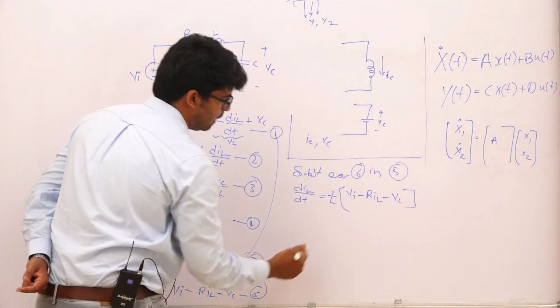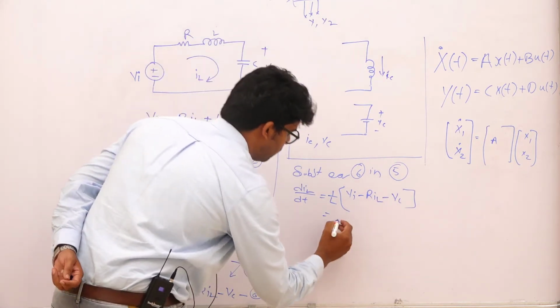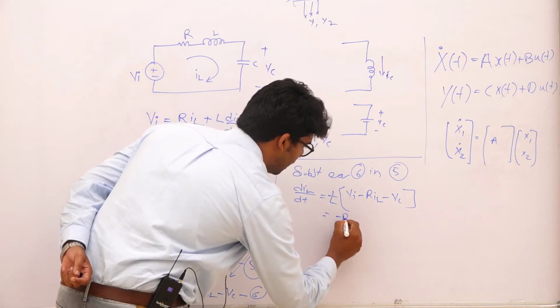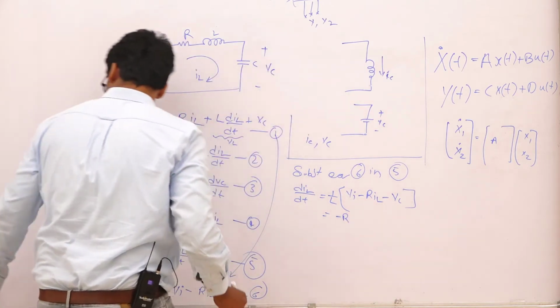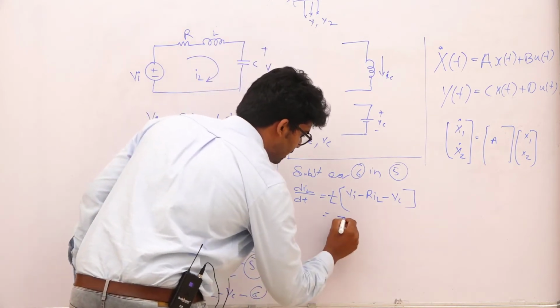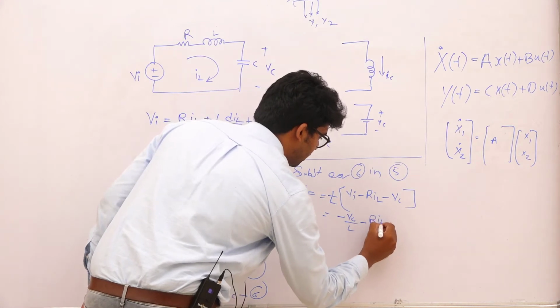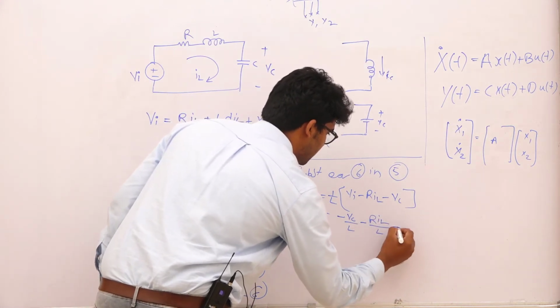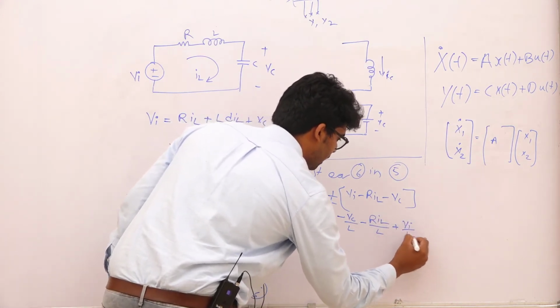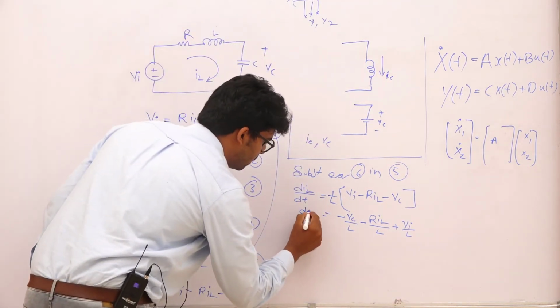Replacing VL, we get minus Vc by L and minus R IL by L plus Vi by L. So this is a first order equation of state variable IL.